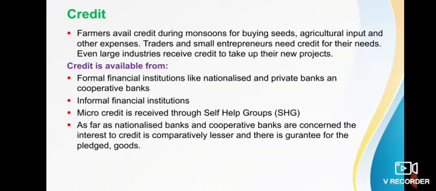Informal financial institutions give microcredit received through self-help groups. In every village nowadays we have self-help groups. As far as nationalized banks and cooperative banks are concerned, the interest on credit is comparatively lesser and there is a guarantee for the pledged goods.